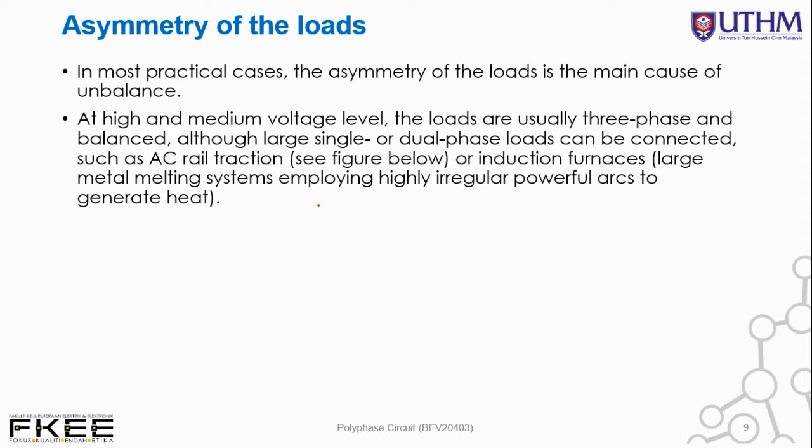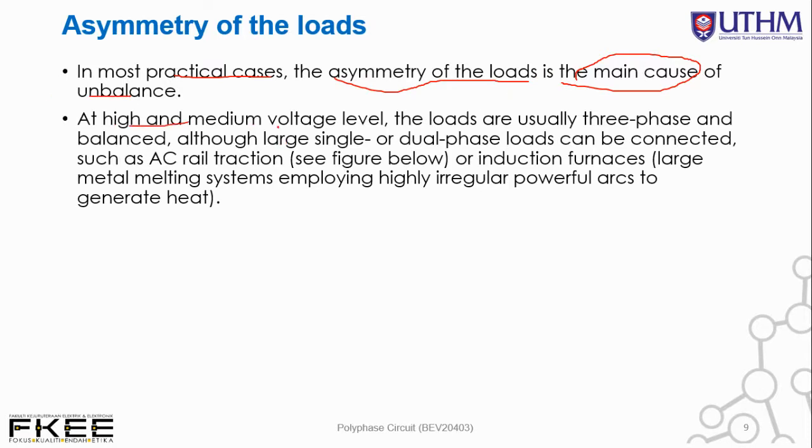So we have seen earlier, we have made a clear disclaimer that at the generation side, the centralized power plant, everything is good, everything is symmetrical, and everything is balanced, particularly for the generator voltage. But what happened at the loads? In most practical cases, the asymmetry of the load is the main cause of this, particularly unbalance.